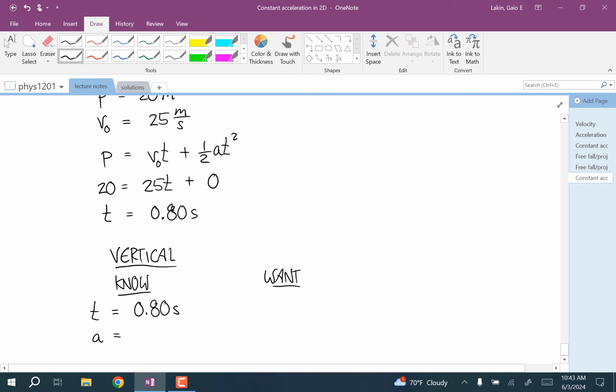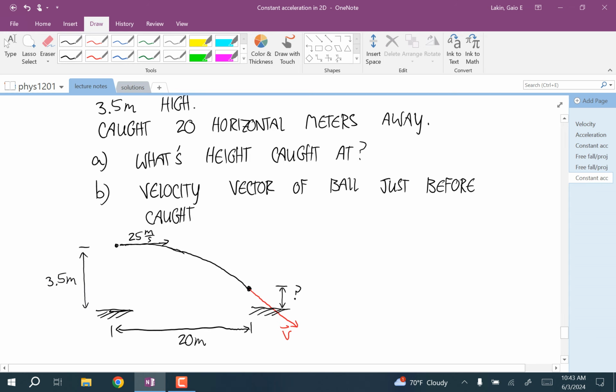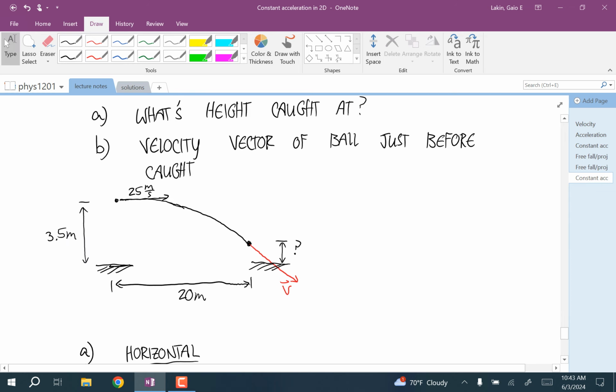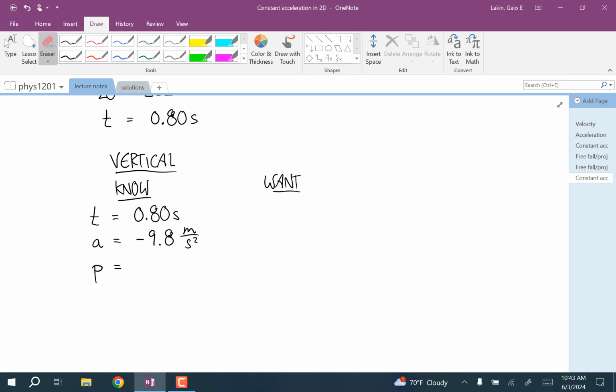The acceleration, now that this is vertical, is negative 9.8. The position, if you look up at this problem, actually we're trying to calculate the height that it's caught. So I'm going to put this over here.